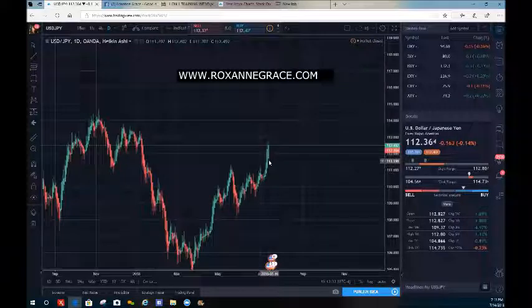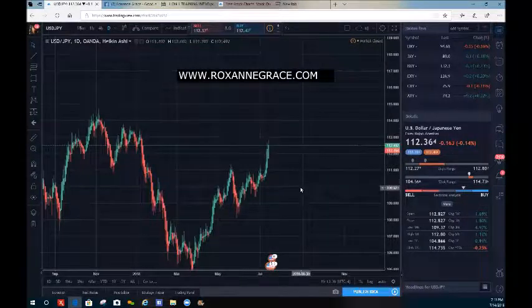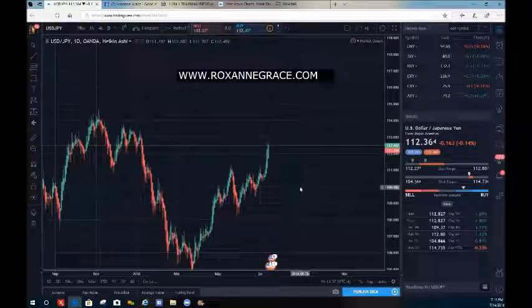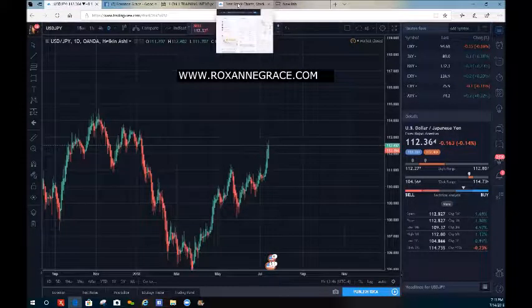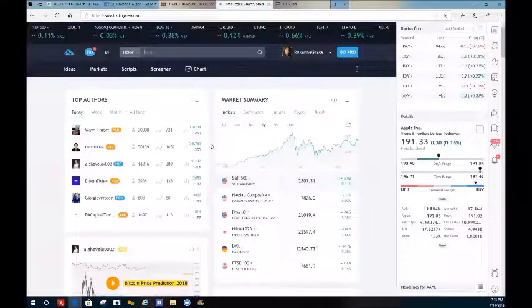For starters, the first thing I do before I get into any trade is check the currency index. What this allows me to know is which currency is stronger. So I come over here to my search box, and the United States dollar is called DXY.